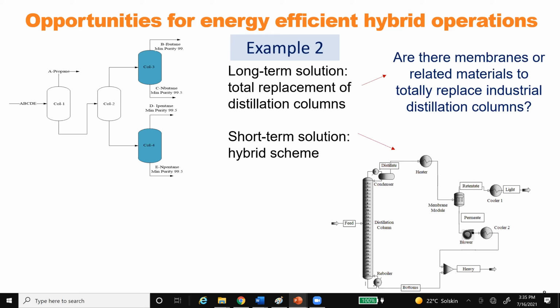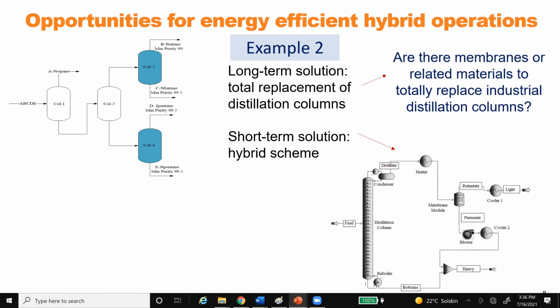We can look at the long-term solution. Can we replace the distillation column totally? We can, if the corresponding material for membrane or adsorption is found. But how long do we have to wait for that?